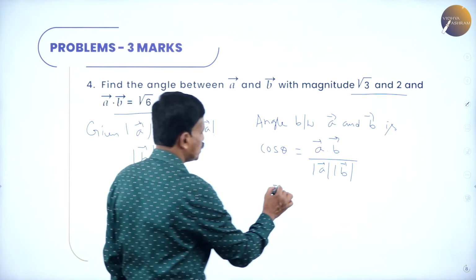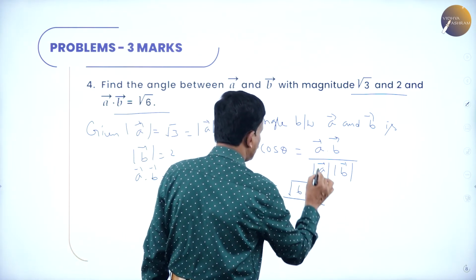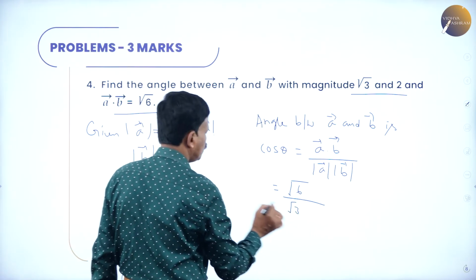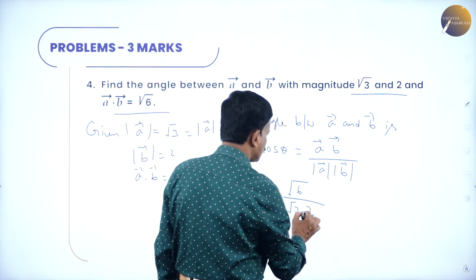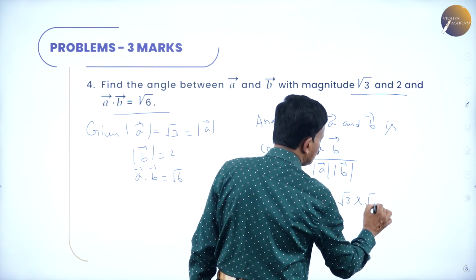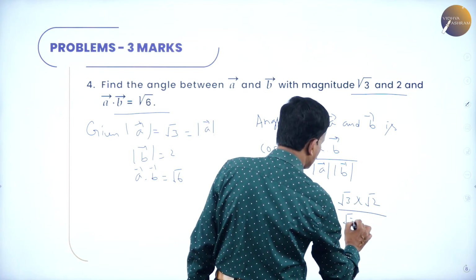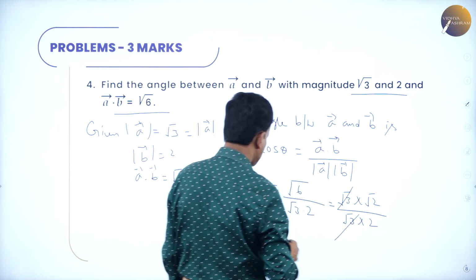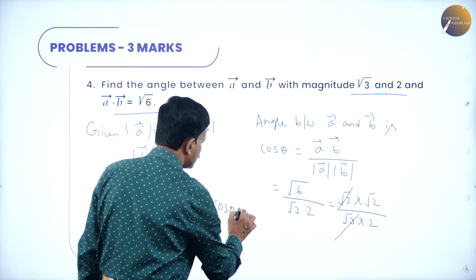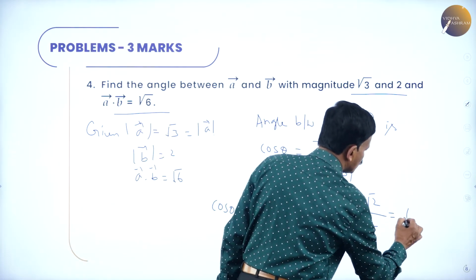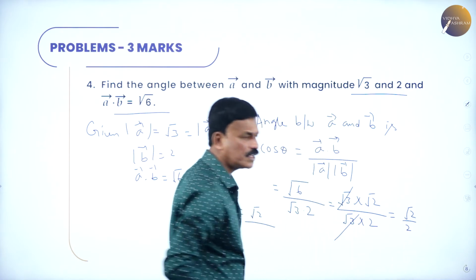A dot B is root 6, divided by length of A, which is root 3, and length of B, which is 2. So, this can be written as root 3 into root 2 divided by root 3 into 2. So, root 3 gets cancelled. What is remaining? Cos theta is equal to root 2 divided by 2.